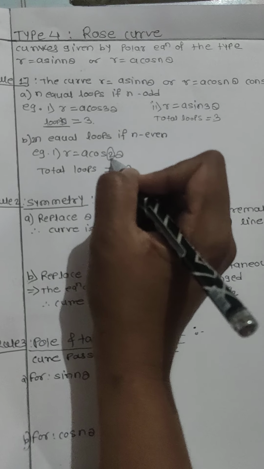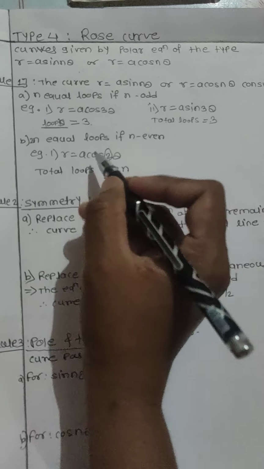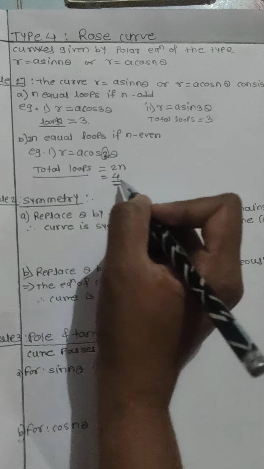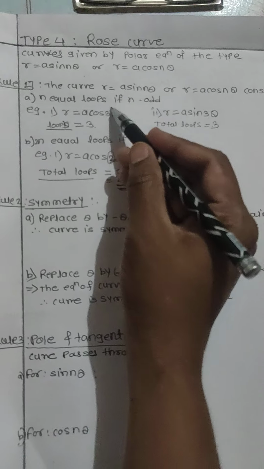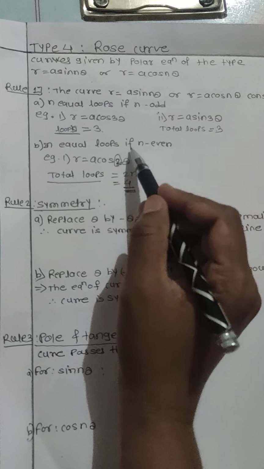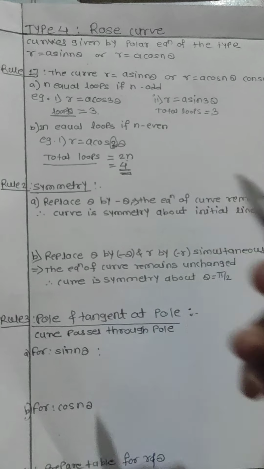But what is our n? n is 2, so 2 into 2, 4. So if n is even, the total number of loops is 4. Just remember this: if n is odd, the total number of loops equals n, and if n is even, the total number of loops equals 2n. So this is rule 1.